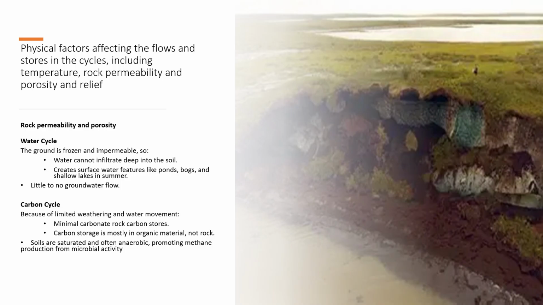So it creates these big lakes that you can just about see on the top of this picture here. You can see the permafrost beneath it, but you can see the lake developing on the top. So lots of boggy conditions develop in the summer. And it means also that there's very little groundwater flow, very little movement through the permafrost.